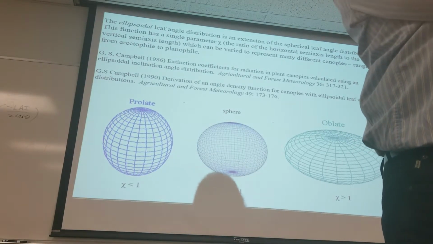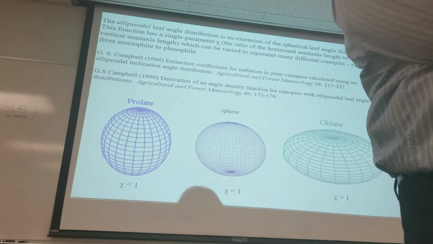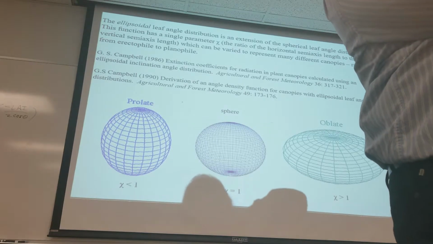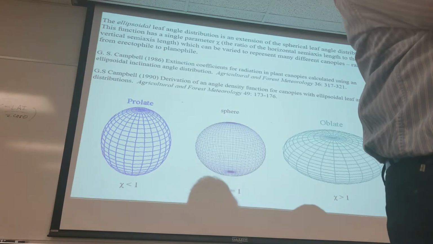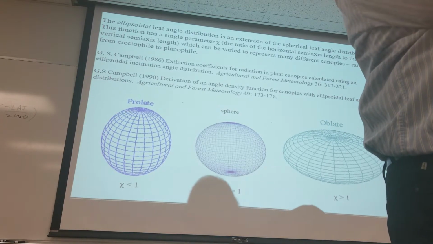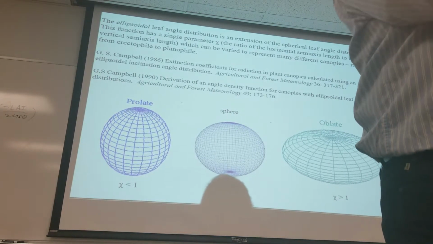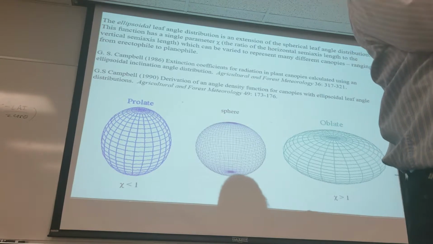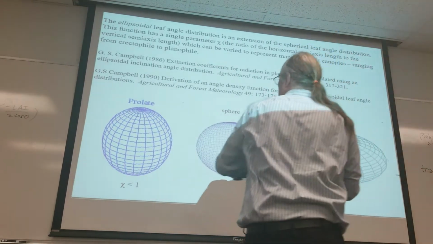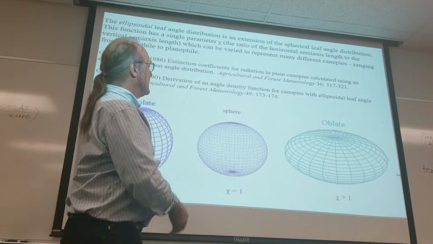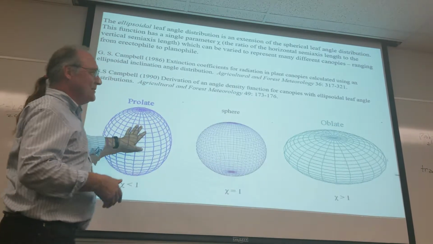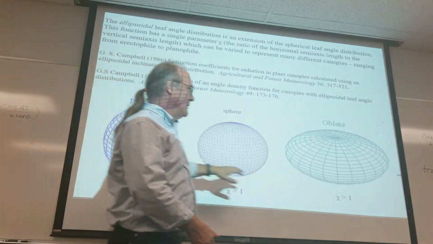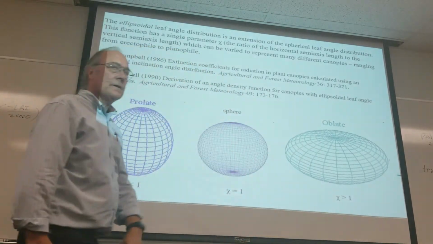But you can squish that down into a pancake or squish it up into a cigar-shaped thing. And those are ellipsoids, but with different ratios of the axes of the ellipses, right? So prolate spheroid and oblate spheroid, perfect sphere.